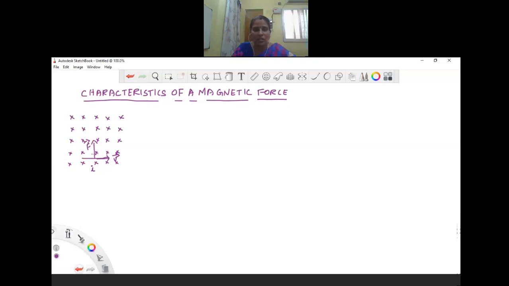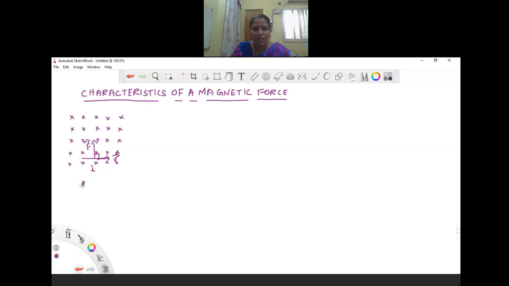Now let us see what is the angle between this force and velocity. The angle between this force and velocity is 90 degrees. So what is F cos 90? Cos 90 is 0. So we can say that this magnetic force cannot change the magnitude of velocity.